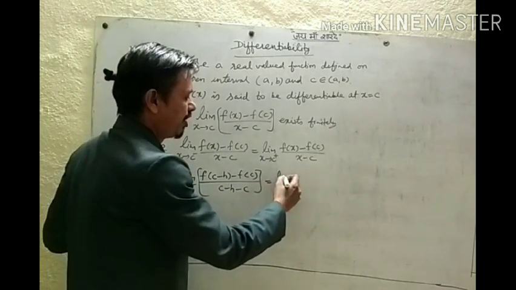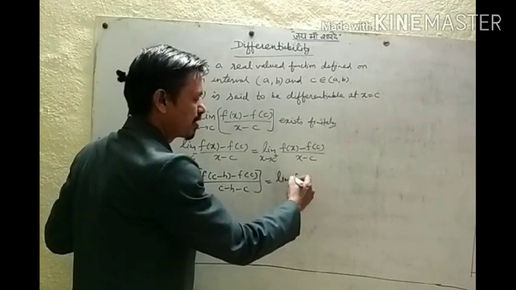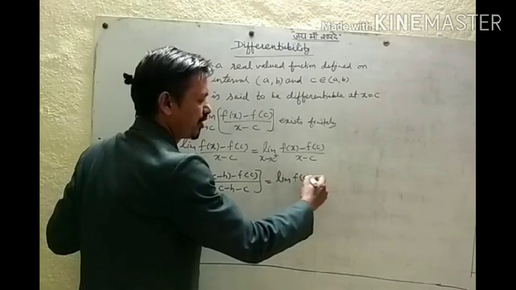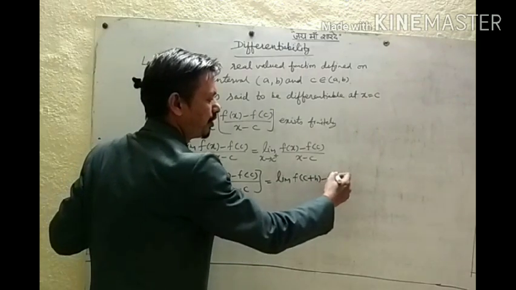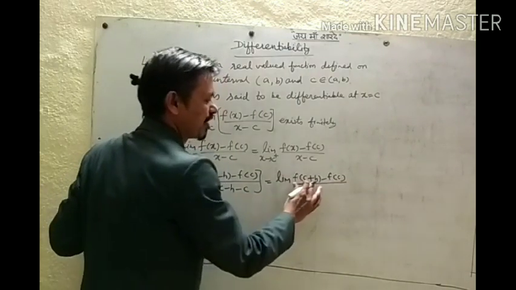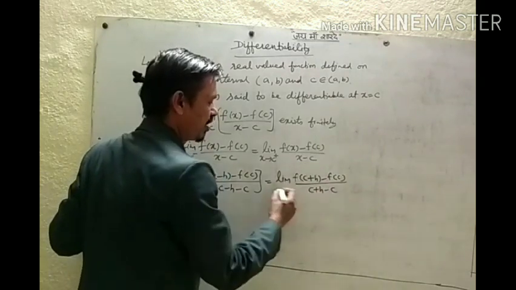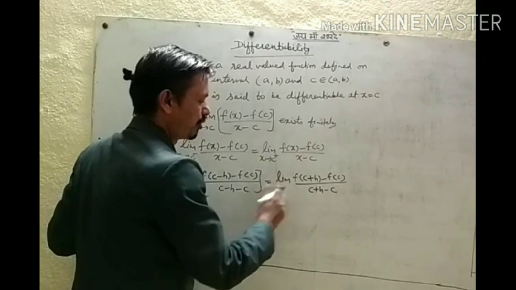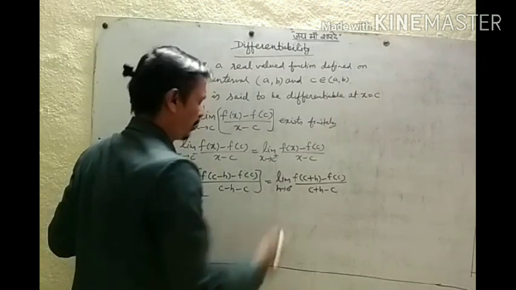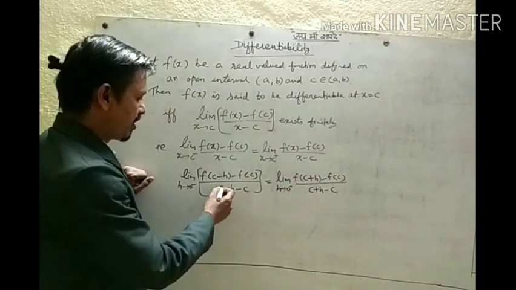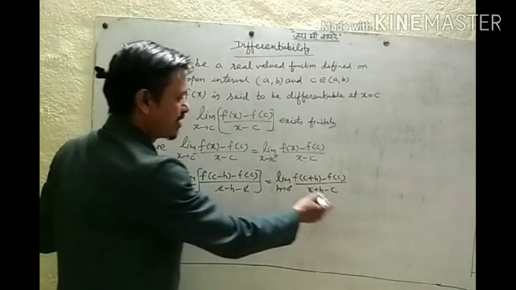And here it is the right hand limit, so we replace x by c plus h. So we get (f of c plus h minus f of c) upon (c plus h minus c), then h tends to 0. Okay? So here c cancels.